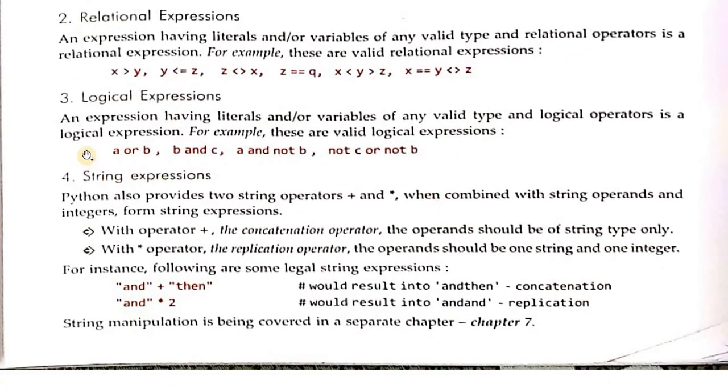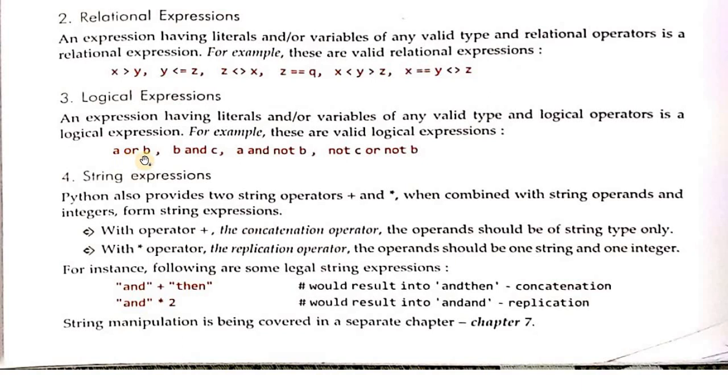Logical expression: an expression having literals, variables or any valid type and logical operators is a logical expression. Look at here, and, or, not, these are the logical operators. If only not, and, or are used in an expression, that is called a logical expression.